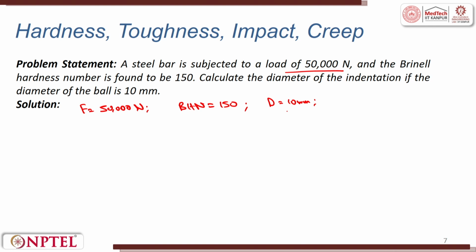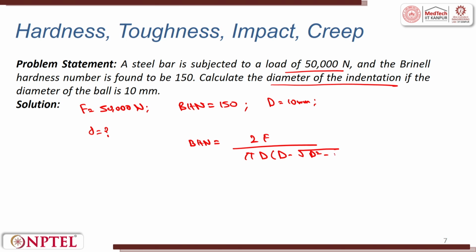What is asked? Calculate the diameter of indentation. Small d is asked, which means again BHN is equal to 2F by pi D into D minus square root of D square minus small d square.